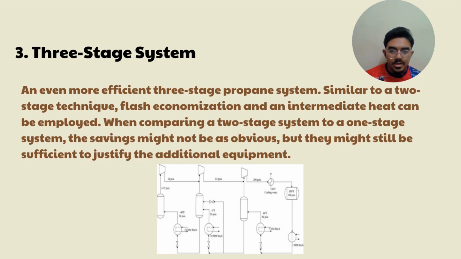Okay, but if we compare the three-stage system to a one-stage system, we can see this is a lot more in terms of improvisation and also can produce a lot more saving during the cooling or refrigeration process.